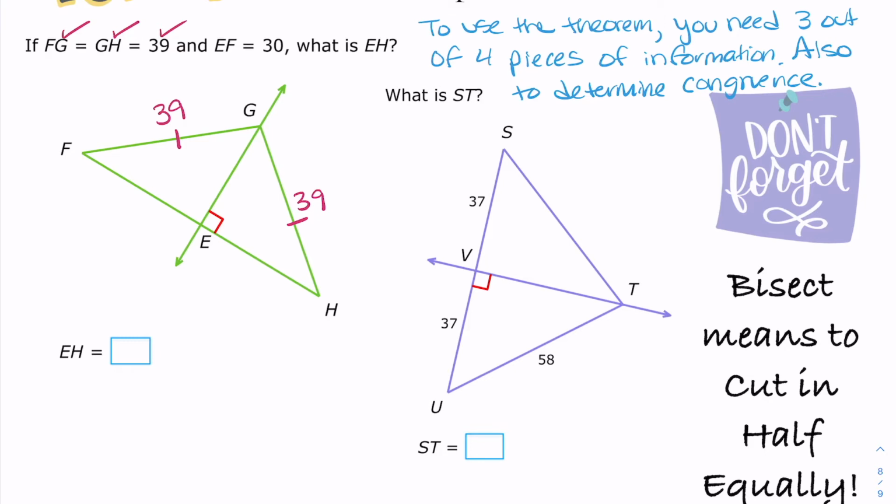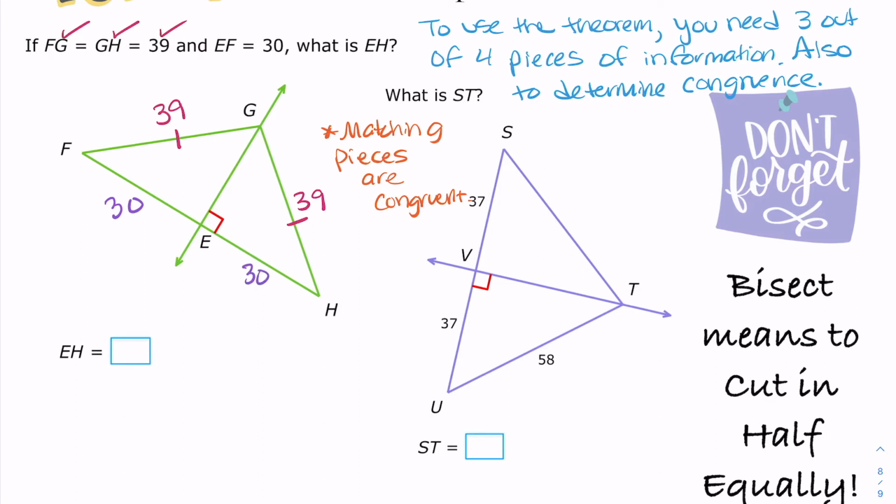And EF is over here. EF is 30. So because we have these 2 pieces that are congruent and they are the matching pieces, I'm going to put matching pieces are congruent. That implies that the other pieces are also congruent.